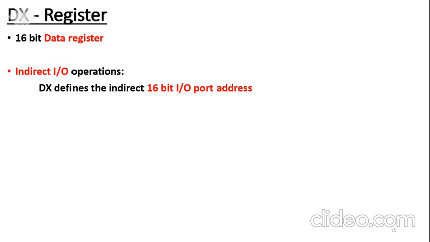The DX register defines the indirect 16-bit IO port address. It means that whenever we want to read data from a certain input port, that port will have a certain address, and if that address happens to be 16-bit, I can use the DX register to specify that 16 bits of address in an indirect manner.